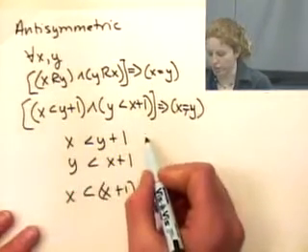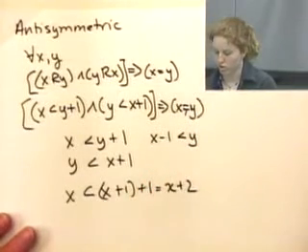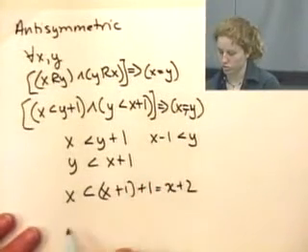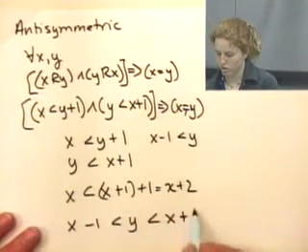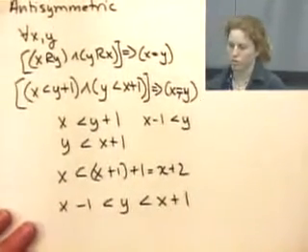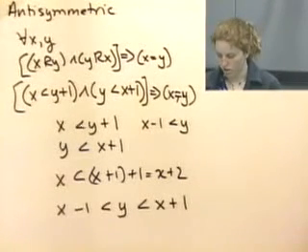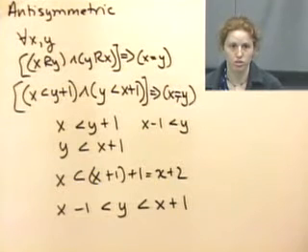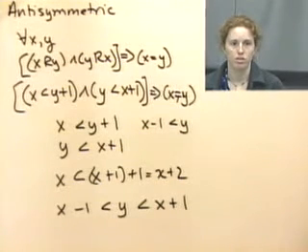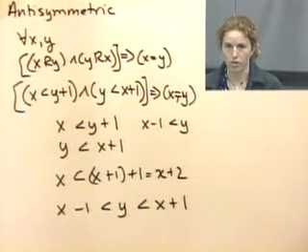Okay, so here, if I solve for, if both of those are true, I have x minus 1 is less than y, which is less than x plus 1. And let's suppose that this is on the integers. Are x and y equal?